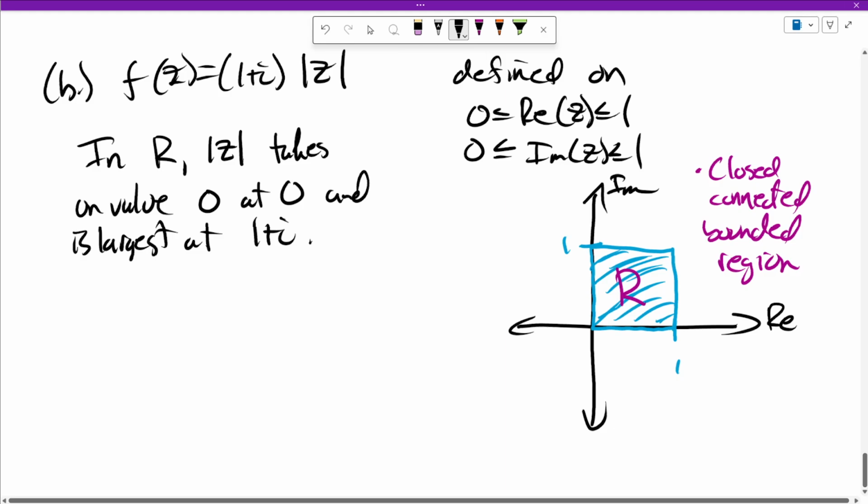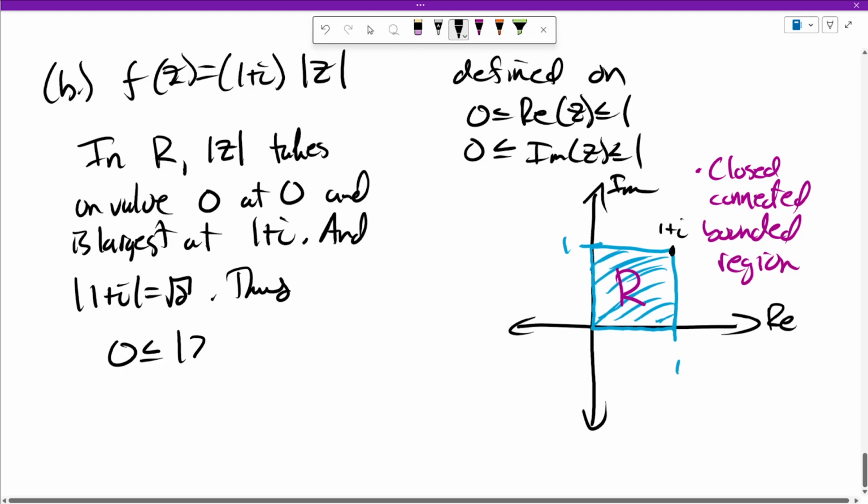We're furthest away from the origin at this point, 1 plus i. And the modulus of 1 plus i is root 2. So the values that the modulus obtains in our region are 0 to root 2.